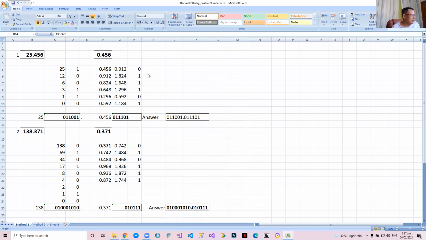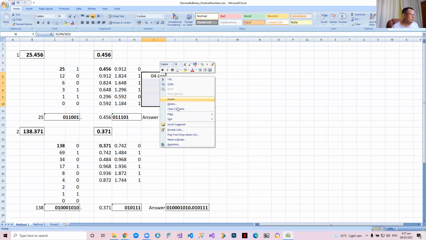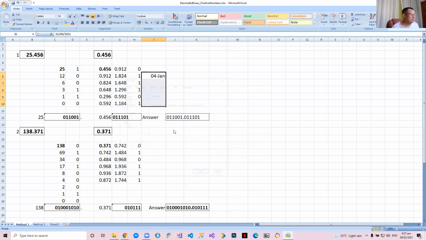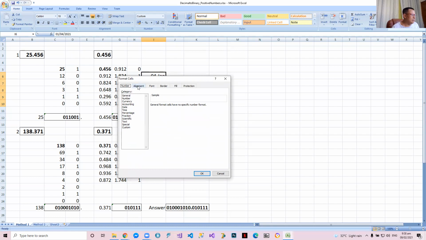Can we check that? This is a 1/2. This is a 1/4. Okay, sorry. Let's format this. Two decimal places.